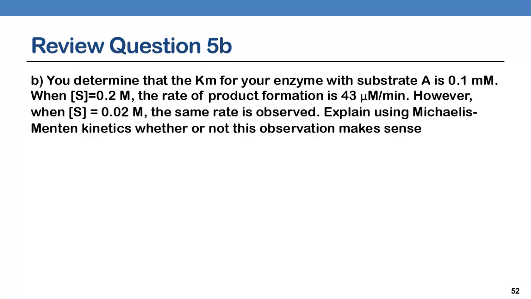All right, moving on. From this, you determine the Km of your enzyme with substrate is 0.1 millimolar. When the substrate concentration equals 0.2 molar, the rate of product formation is 43 micromolar per minute. However, when the substrate concentration is 0.02 molar, the same rate is observed.